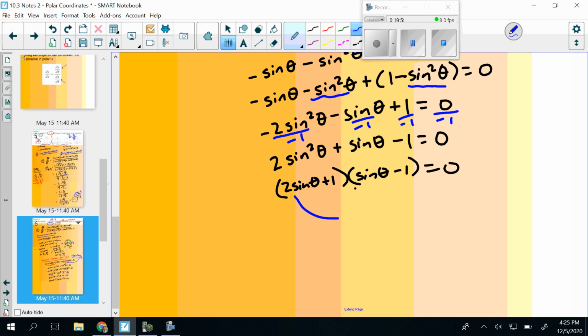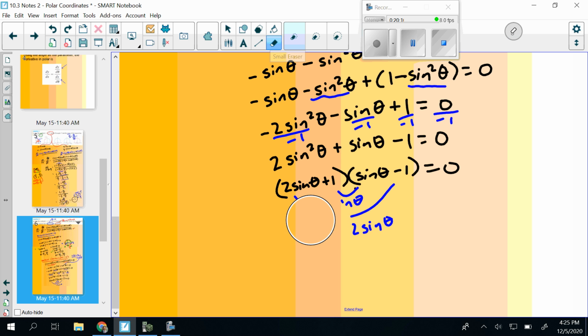If we did that and multiplied these two, it would be negative 2 sine theta, and if we multiplied the inside ones, we'd get 1 sine theta. Does that add up to positive 1? No, it adds up to negative 1. So it looks like we want to switch those signs around here, and then we should have it factored correctly. So we'll make this one negative, this one positive. So now it's factored correctly.